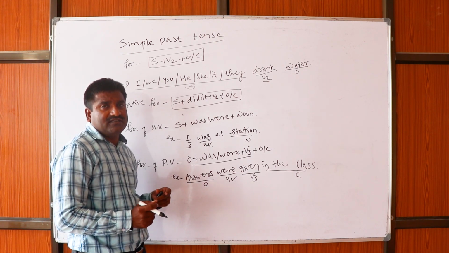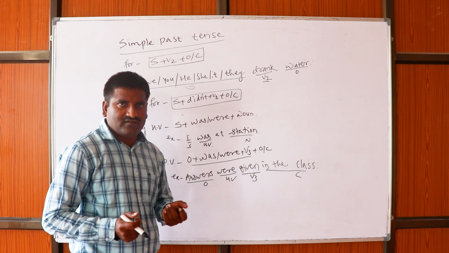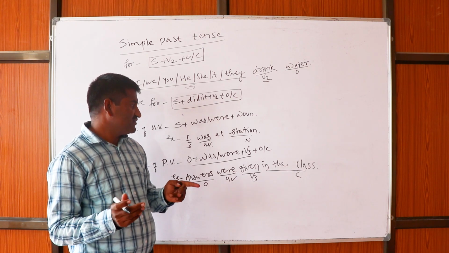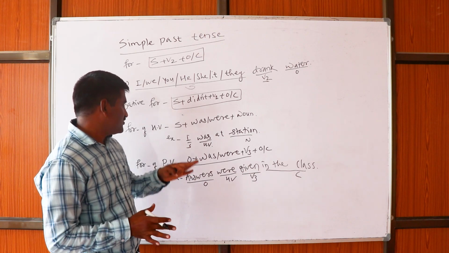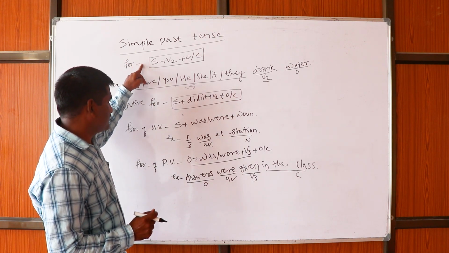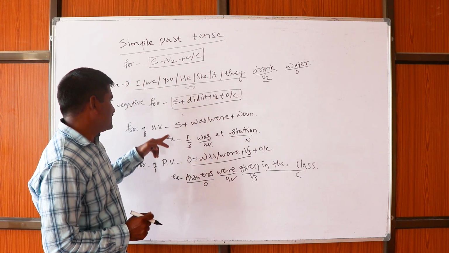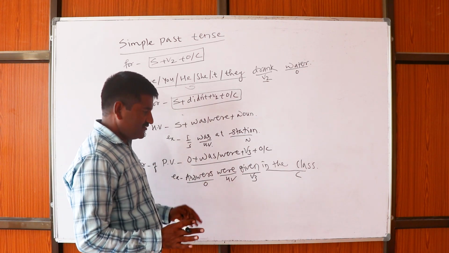And a teacher didn't teach you, therefore you do not understand and you commit mistakes while writing the paper. So we need to focus on these formulas: the first one is the structure of positive, the second is negative, the third is helping verb, and the fourth is passive voice, right?